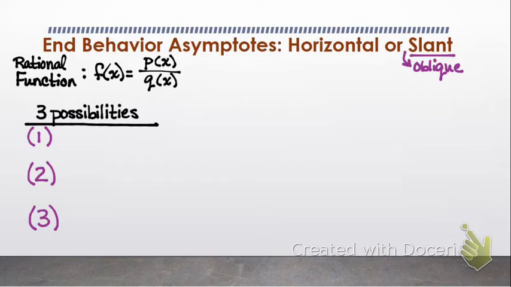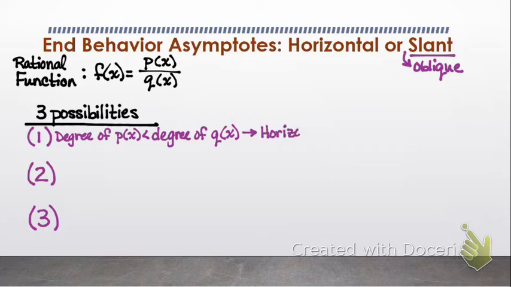We have the possibility that the degree of p of x is less than the degree of q of x. So the numerator has a smaller degree than the denominator. When this happens, we are going to have a horizontal asymptote at y equals 0.